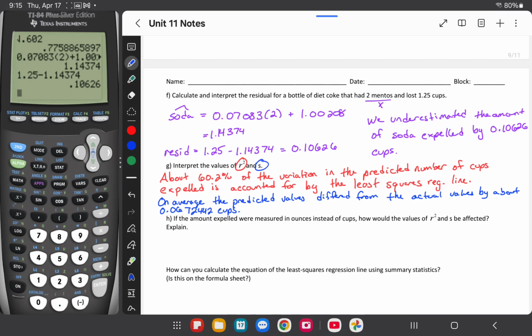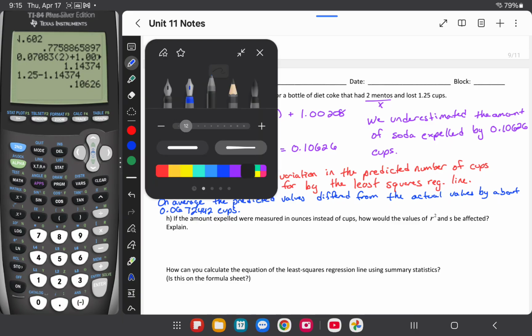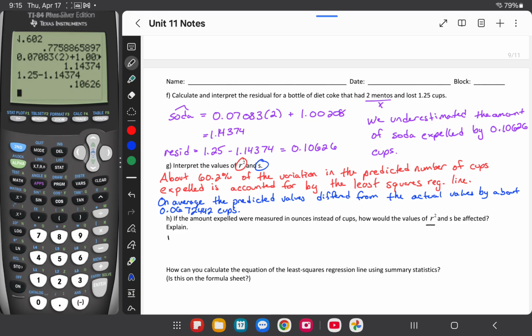Last but not least, if the amount expelled were measured in ounces rather than in cups, how would the values of R squared and S be affected? Well, the first thing let's talk about is R squared. R squared would be unaffected by any change in our distribution. R squared does not have any units, similar to how R does not have any units. So changing the units is not going to change the strength of our linear model. So R squared would not be any different. S would be different.